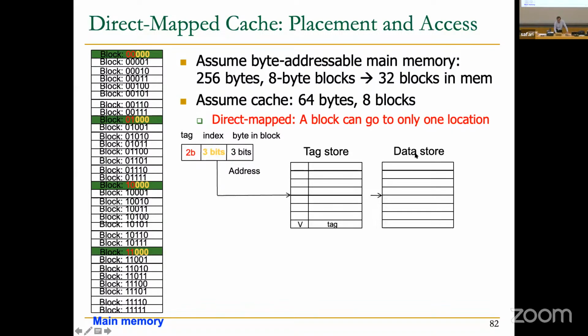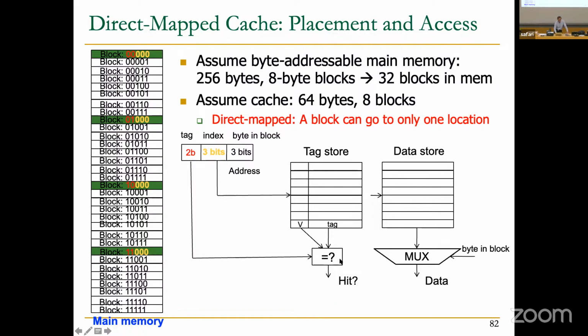And we also get the data corresponding to it at address 0, 0, 0. But now we're not done because we need to check the valid bit. Is it valid? We look at the valid bit in that entry. If it's valid, that's good. But we're not done yet, we also need to check whether the tag matches, right? If the tag is equal to the tag that's stored over here, then it's a hit, okay?